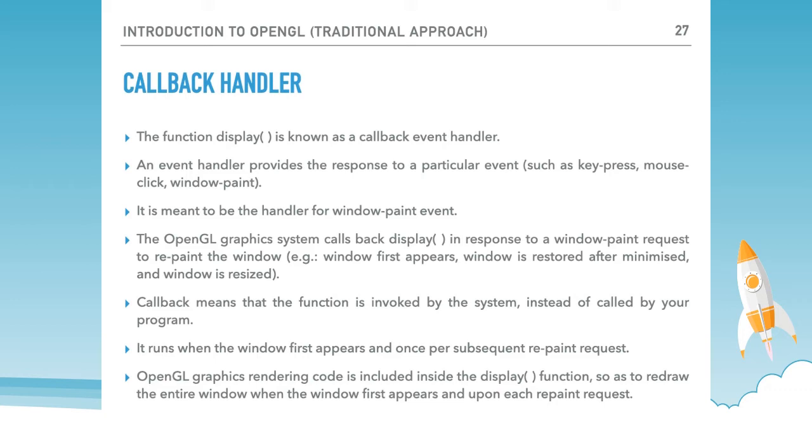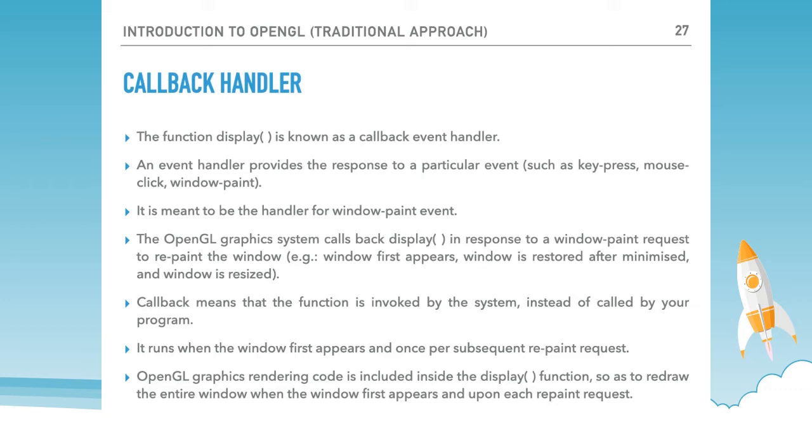The OpenGL graphics system calls back the display function in response to a window paint request to repaint the window. For example, when your window first appears, it will call this function, or when your window is restored after being minimized, or even when your window is resized, the display function will be called.